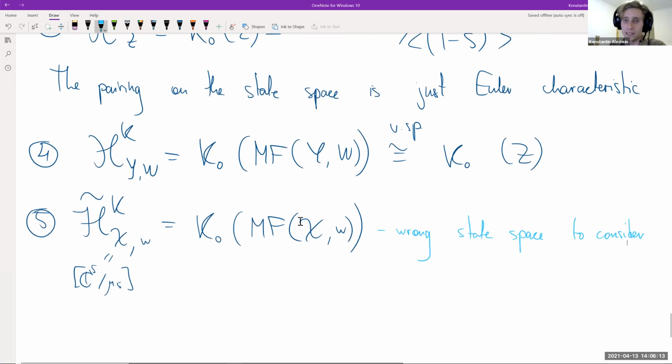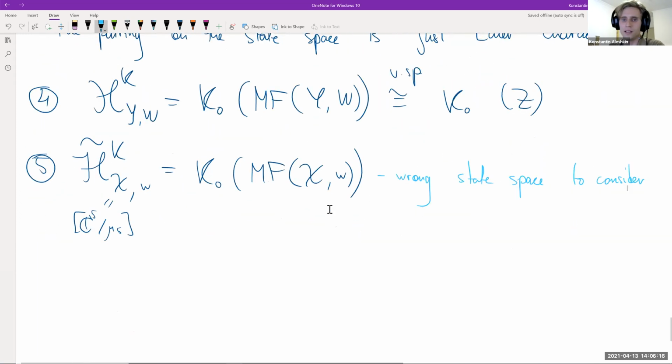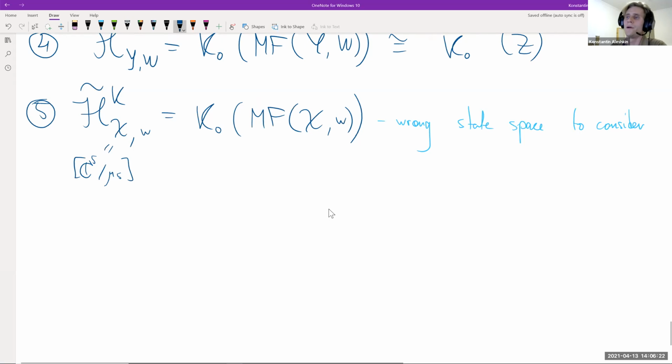This is the state space I expected, but at the end I got more elements, more solutions. On the enumerative geometry side, this is the problem of what is called fake and true quantum K-theory according to Givental. So this corresponds to the fake quantum K-theory.